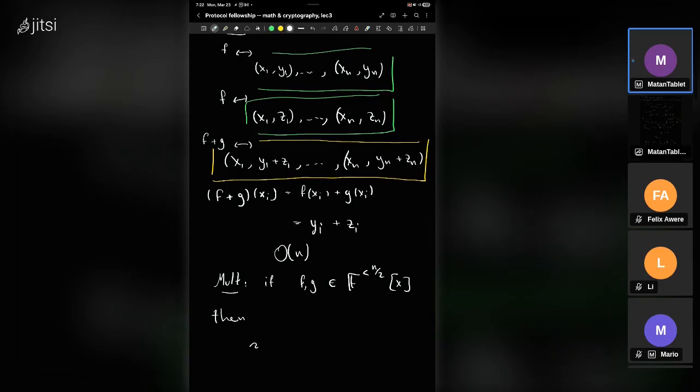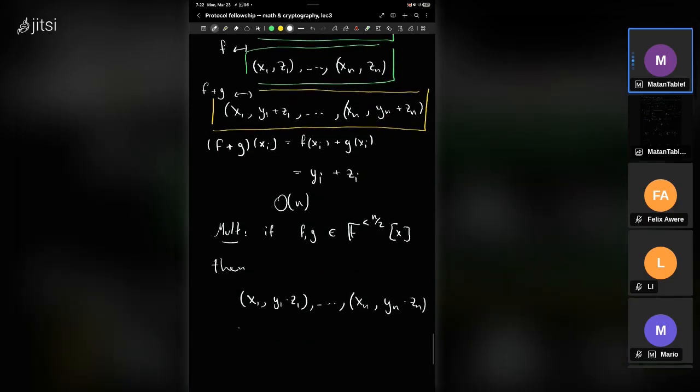I do x1, y1 times z1, up to xn, yn times zn. And this is the sampling representation. This is going to correspond to the sampling representation of f times g.